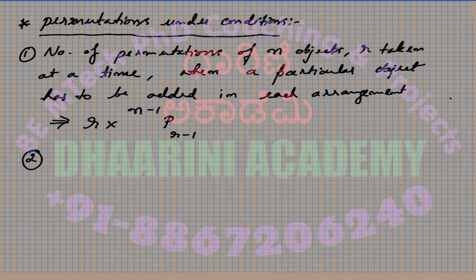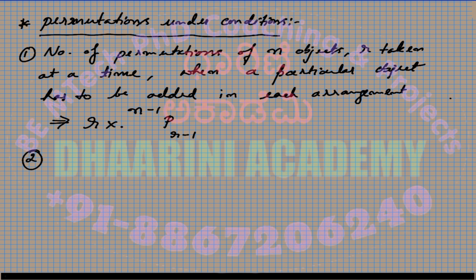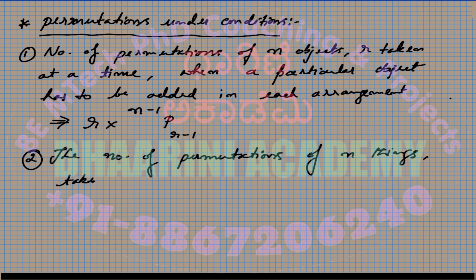Next one, the number of permutations of n different objects or n different things, taken r at a time.